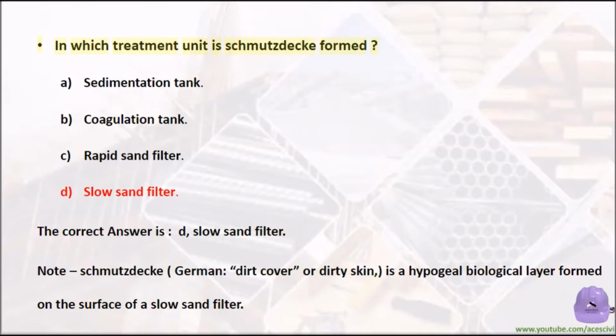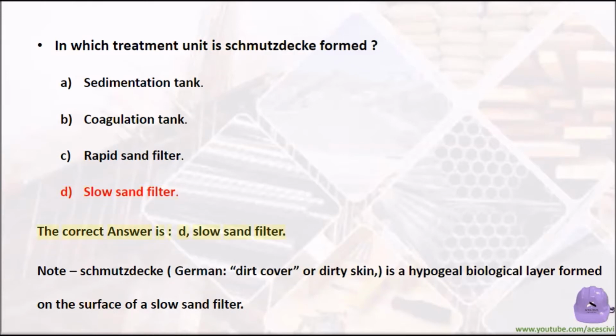In which treatment unit is schmutzdecke formed? A. Sedimentation tank. B. Coagulation tank. C. Rapid sand filter. D. Slow sand filter.